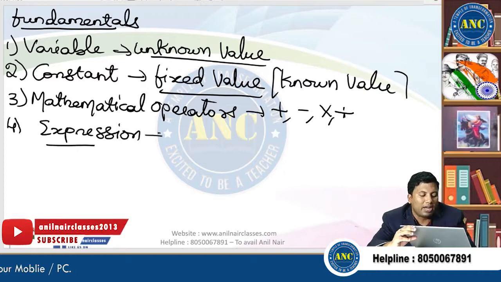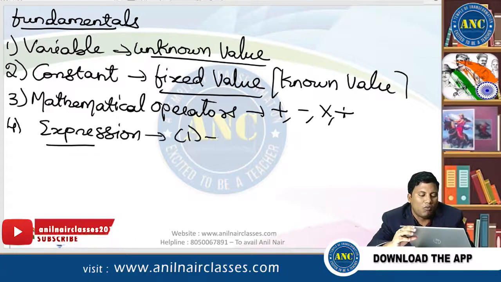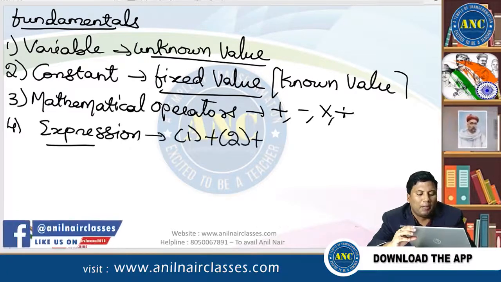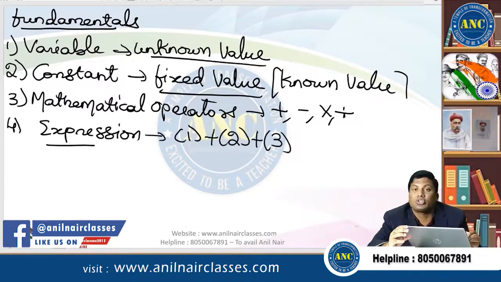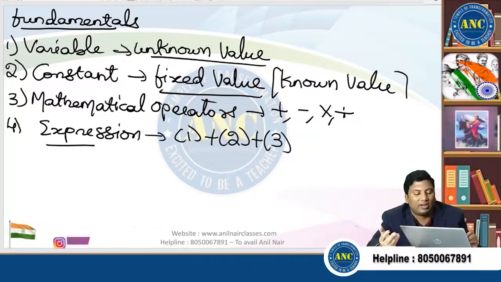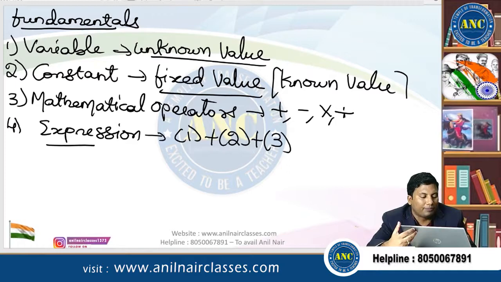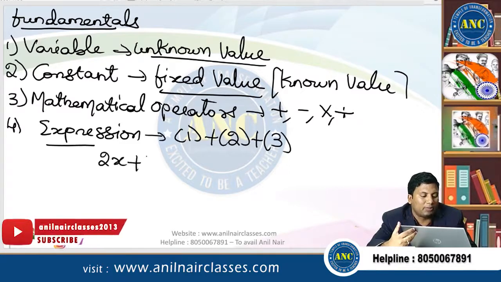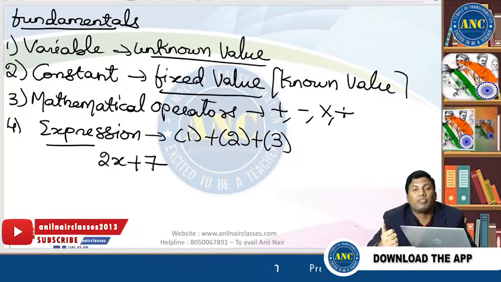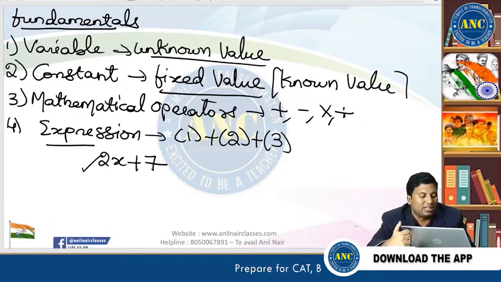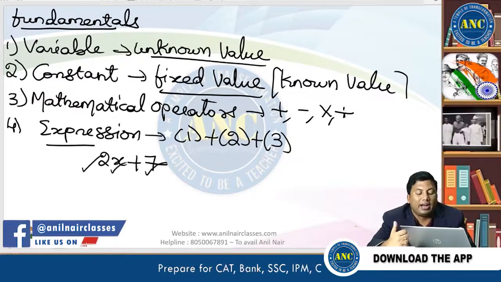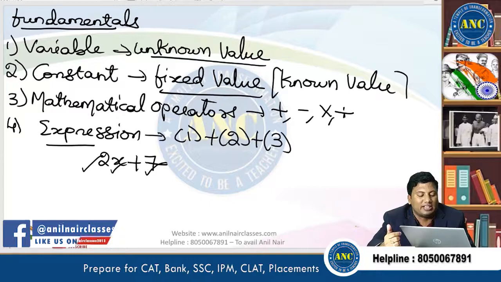Algebraic expression is mathematical operators associated with constants and variables. For example, 2x plus 7 is an algebraic expression. Here 2 is a constant, x is a variable, and 7 is a constant.